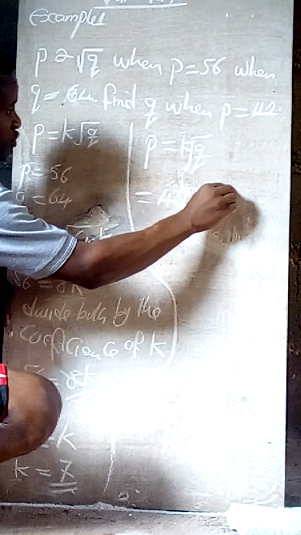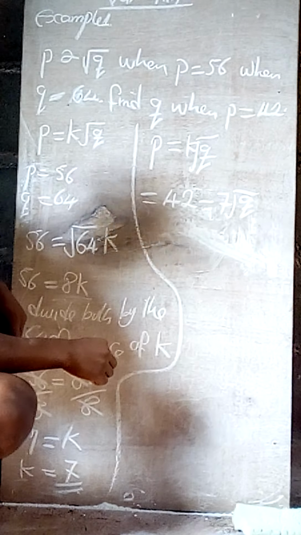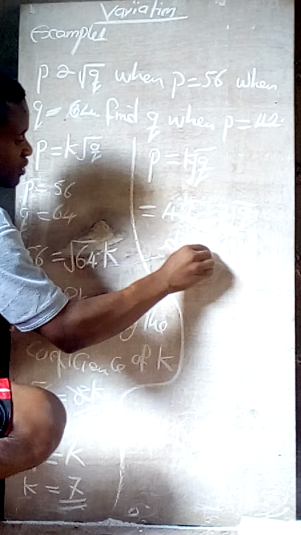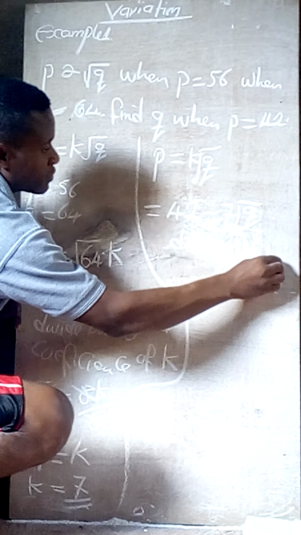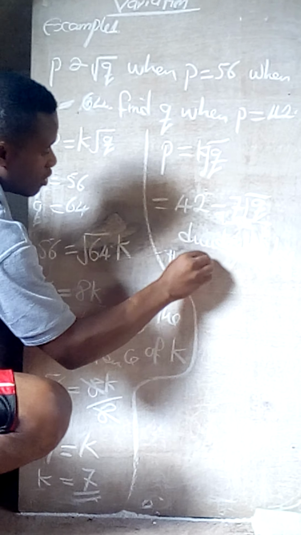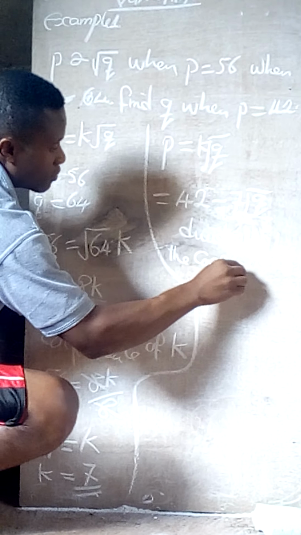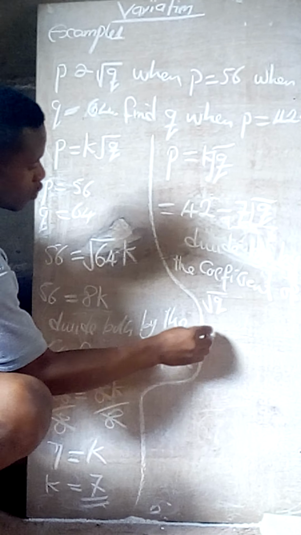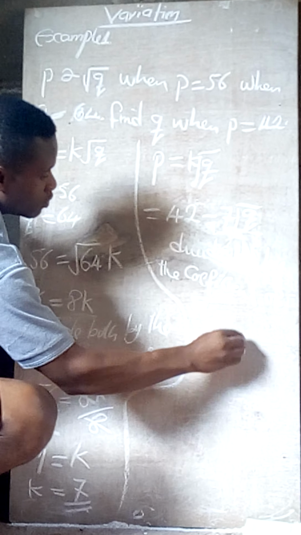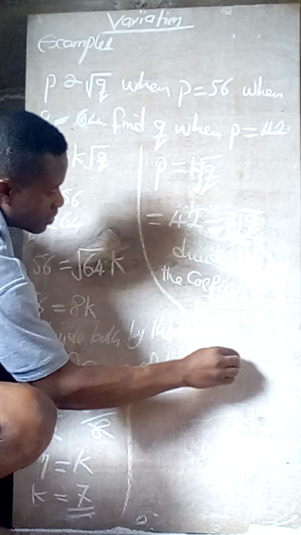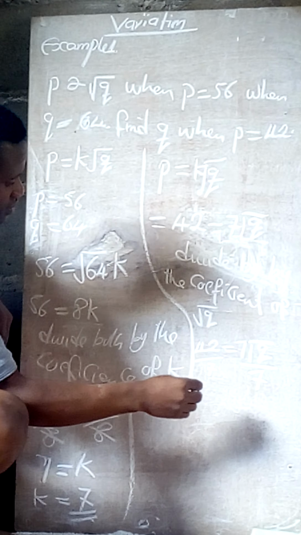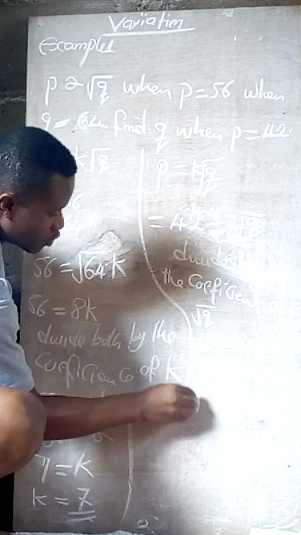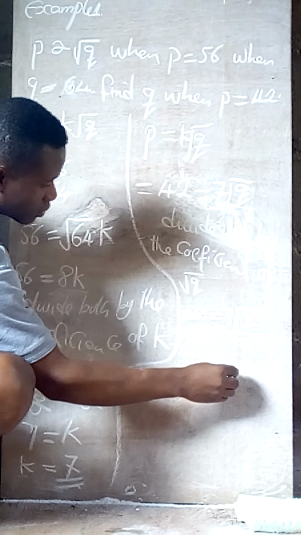So 42 equals 7 root Q. What you do is divide both sides by 7, the coefficient of root Q. We have 42 equals 7 root Q. Divide by 7, divide by 7: 42 divided by 7 is 6. This cancels this, so we have root Q equals 6.